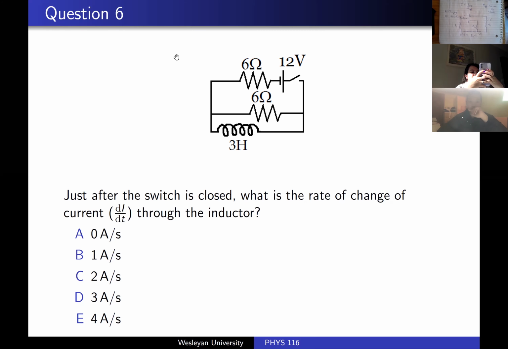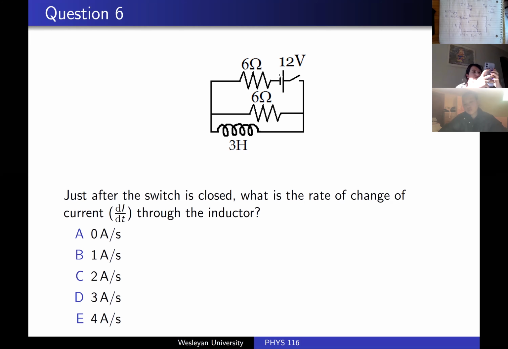Let's poll again. All right, clear winner for C, 2 amperes per second, and that is right. So if we remember, this is just after the switch is closed.